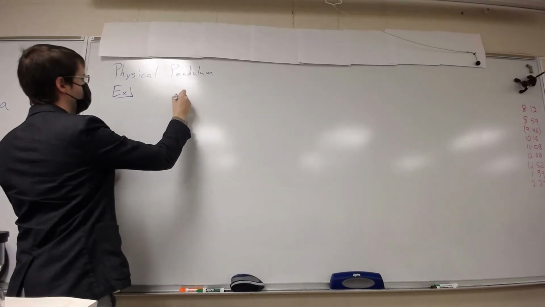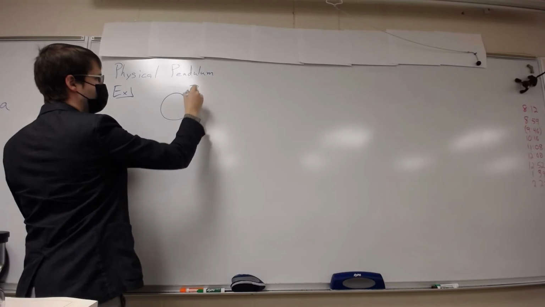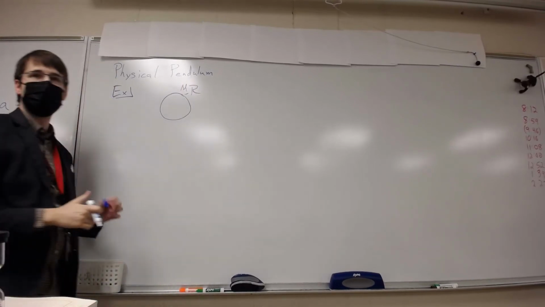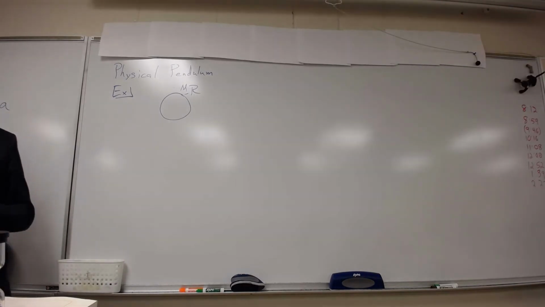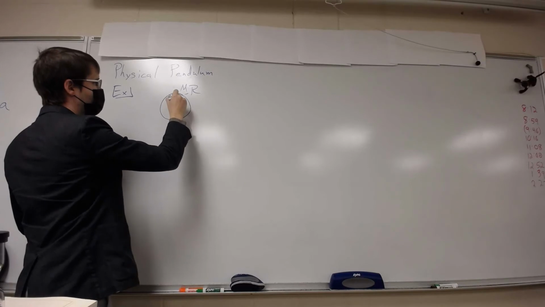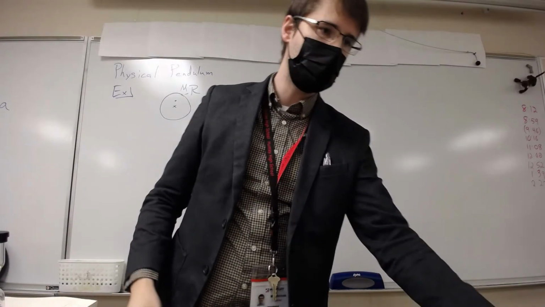What's the radius? R. This is a mass M. Yeah, it has a mass of M and a radius of R, and we're rotating about, if this is the center of mass here, we're rotating about this point right there. I guess I'll use the same color I was using earlier.